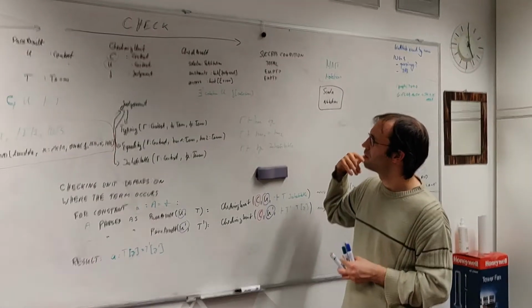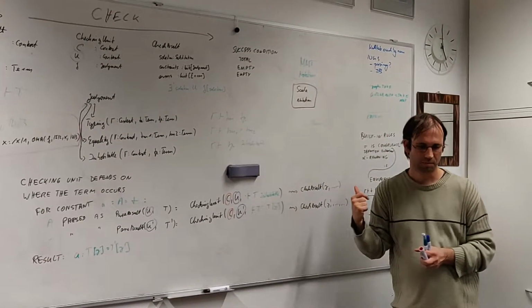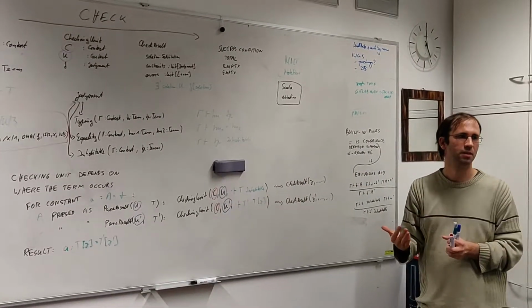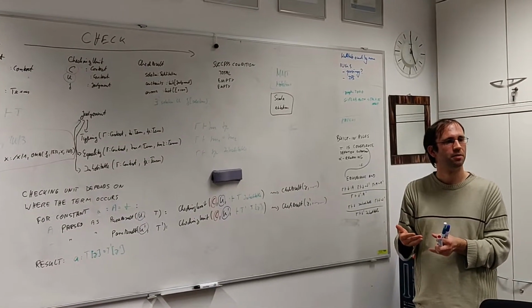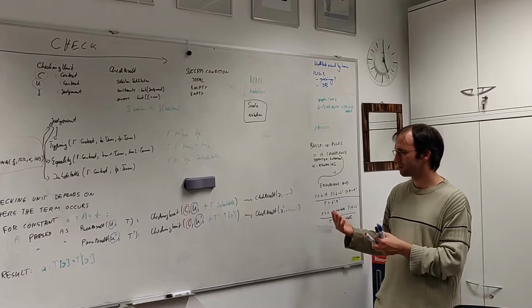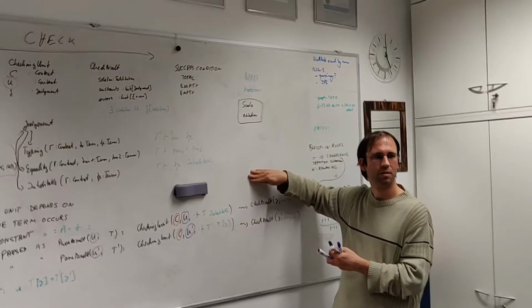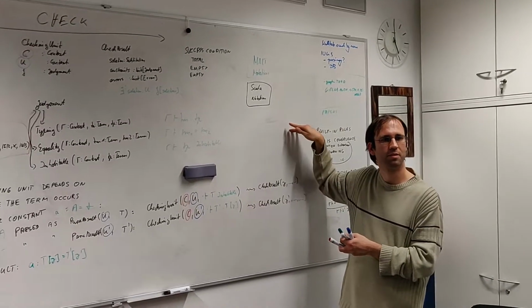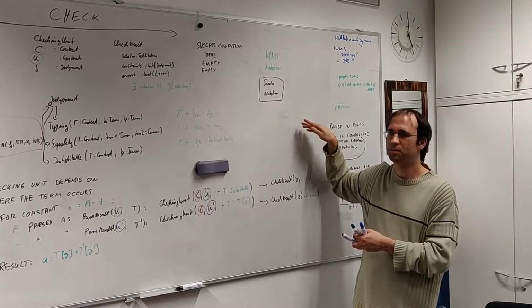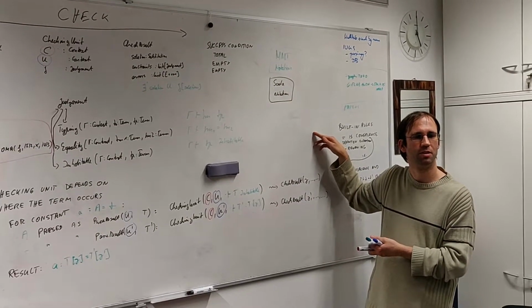And this proceeds as follows. You look at the judgment, and based on the judgment you determine which rule you can apply. Then you apply the rules bottom up, meaning you have a conclusion, and above the horizontal bar you have your assumptions. So you discharge the conclusion, but then you have new things you have to discharge.